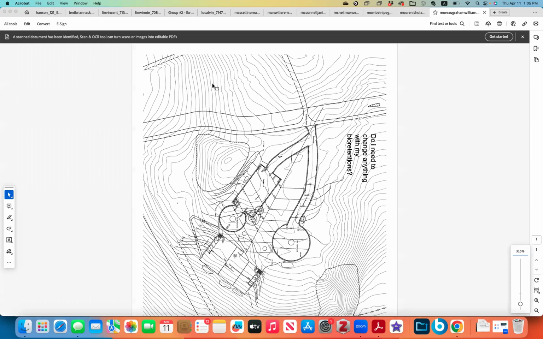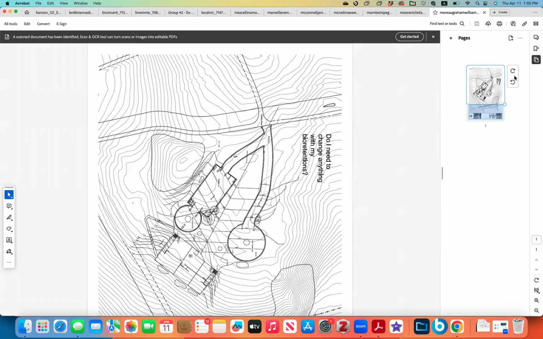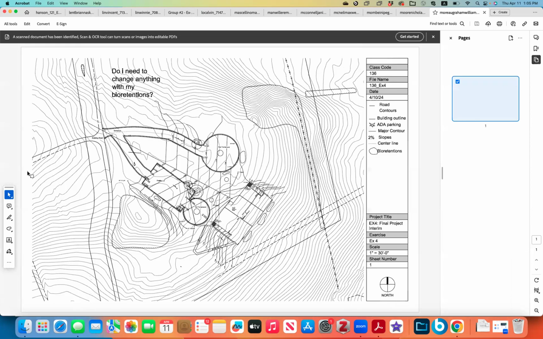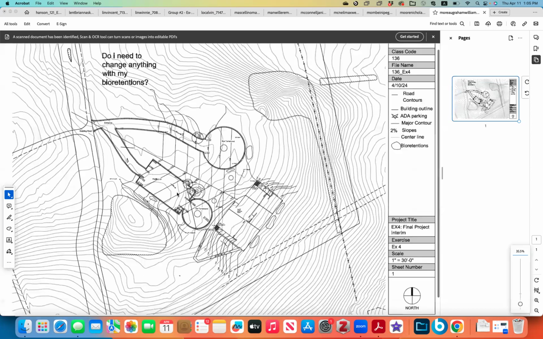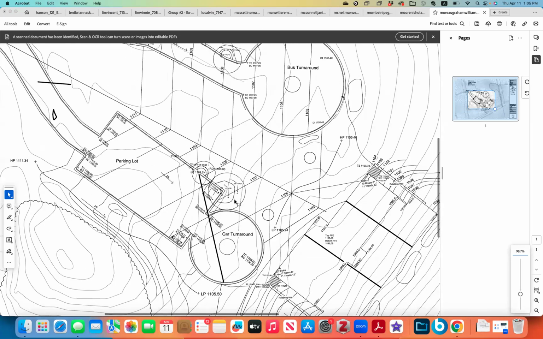So let's see. Need to rotate it. I'm trying to find retention. Your retention right now is at a higher elevation.